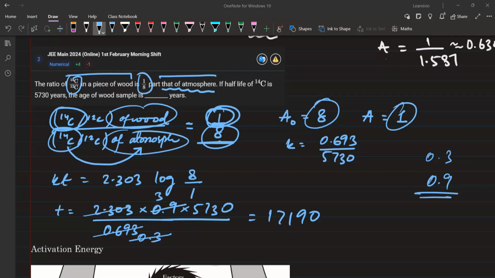Carbon 14 disintegration, by the way, is there in your NCERT also. Boards maybe have one question in NCERT regarding the age of a tree or something like that.